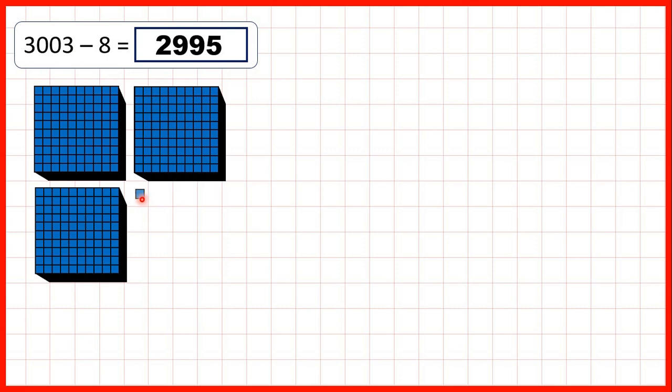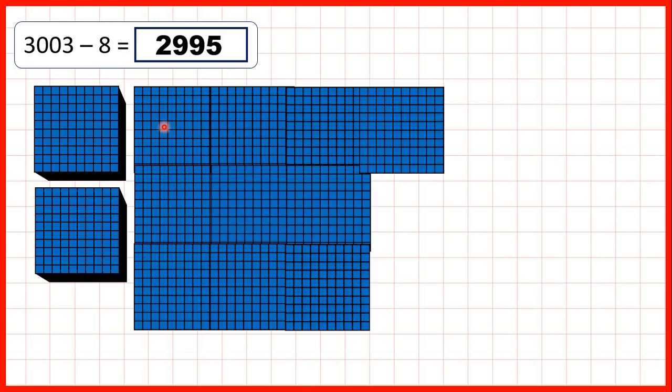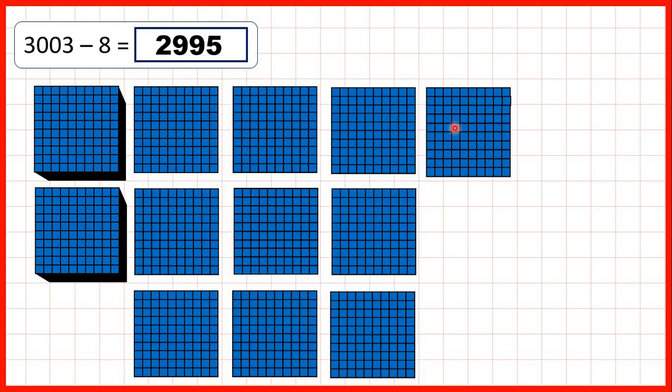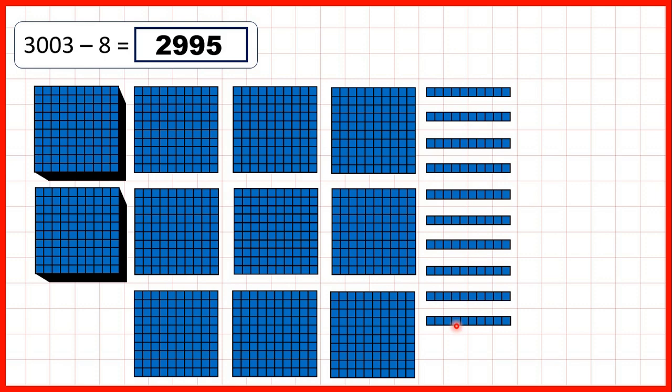We can take away 3 of those ones, but then to take away the next 5, we need to exchange, then exchange again, and then exchange again, so that we can take away 5 more ones, and that gives us 2,995 as our answer.